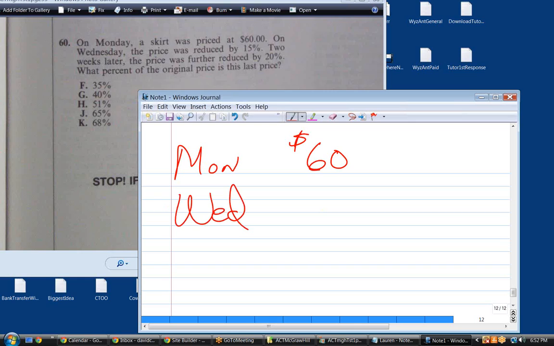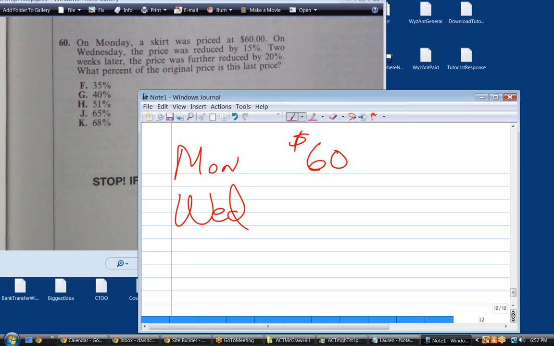So would you divide 60 by 1.5? No. The price was reduced by 15%. What's 15% of 60? Did you divide by 0.15? How do you do that? Multiply by 0.15. Okay. The word "of" means multiply.